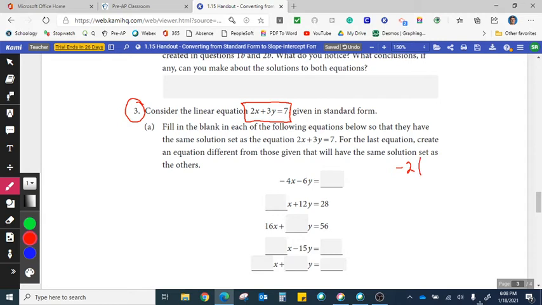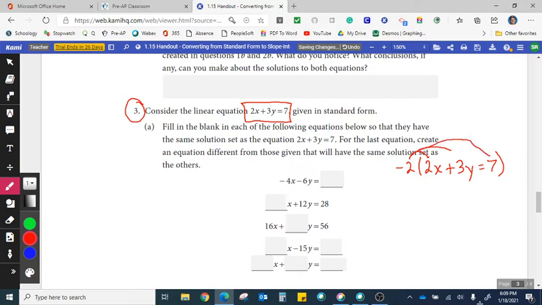So I'm going to multiply negative 2 times the quantity 2x plus 3y equals 7. Now, why did I write the equals 7 over there? Because if I do it to the left side, I also have to do it to the right side. So basically I'm just going to multiply that out.